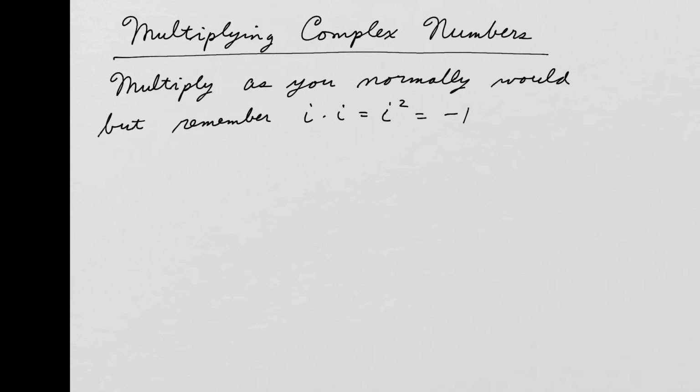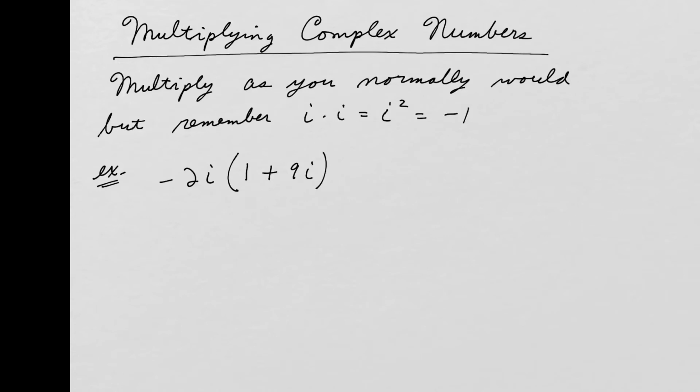And then you should have no problems if you just remember that one thing. So for example, let's say I want to multiply negative 2i times this complex number 1 plus 9i.